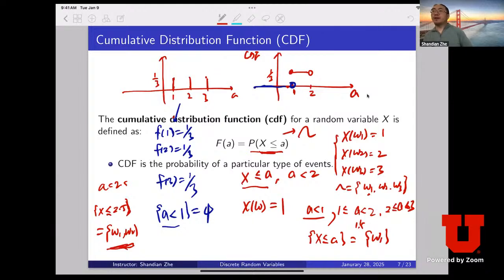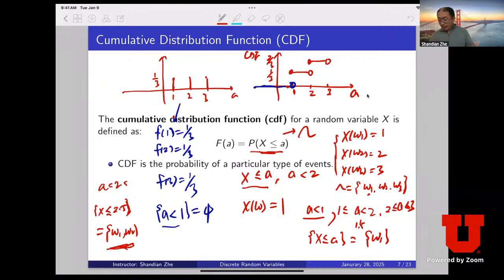So the probability of this event is 2/3. Does it make sense?